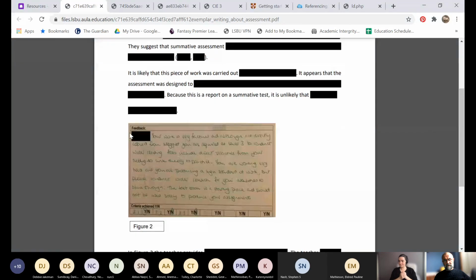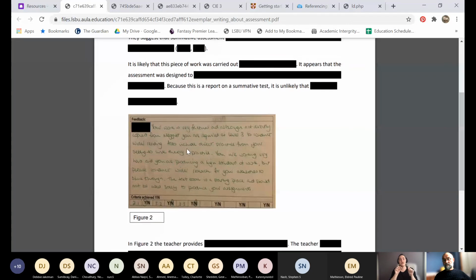They have used this kind of blocking thing that I've used as well to anonymize the student. So if you've created your own, if you're using examples of a friend's work or of your brother or sister's work or your daughter's work or your mum's work, make sure that they are anonymized.